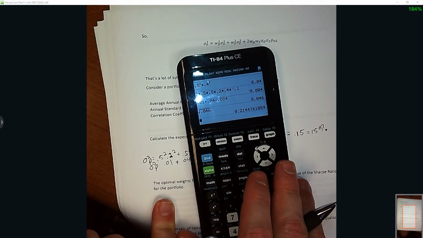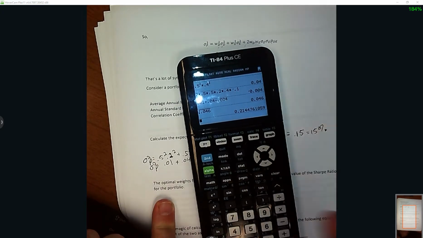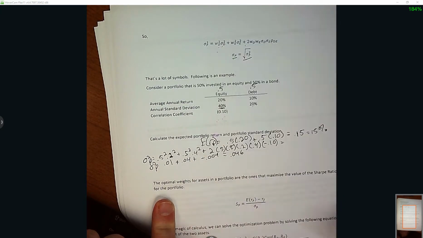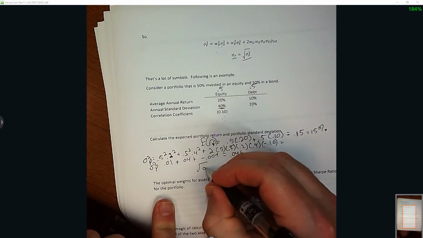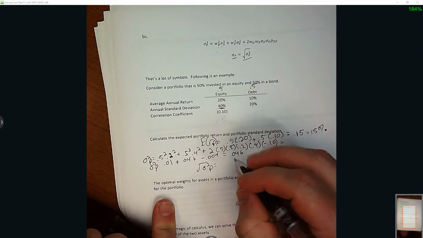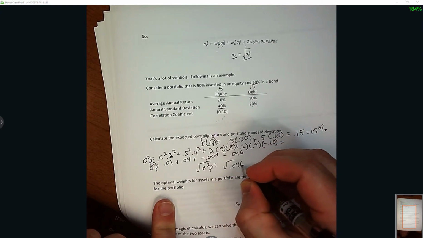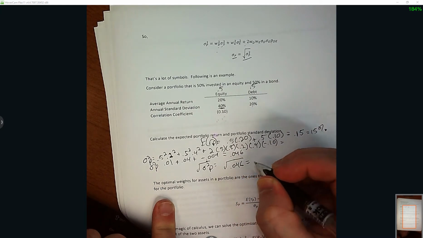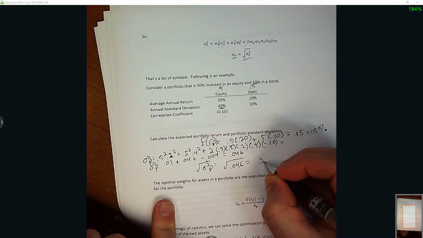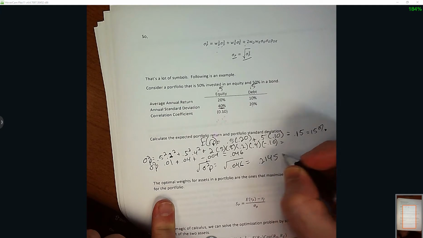The square root of 0.046 is 0.214476, or 0.2145.